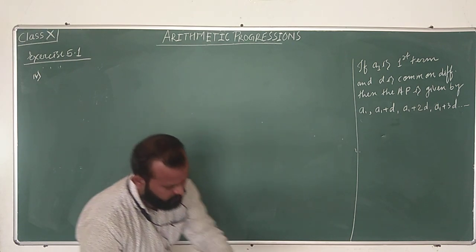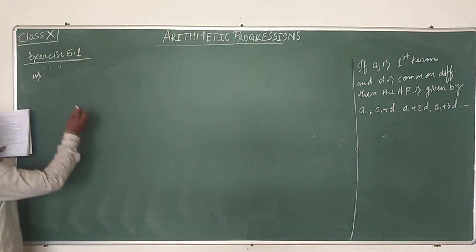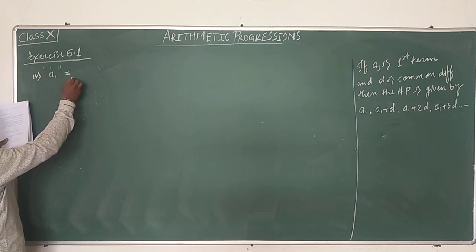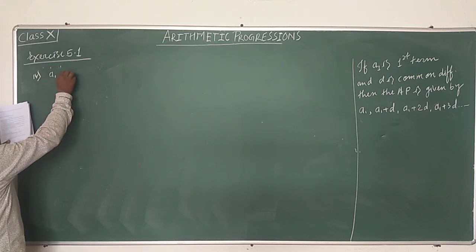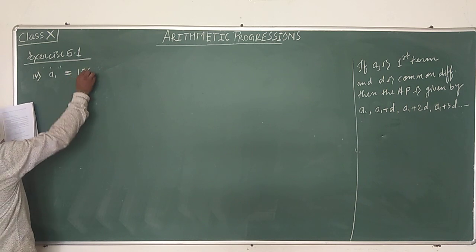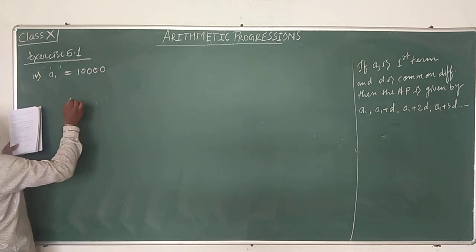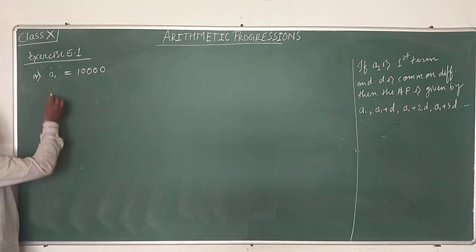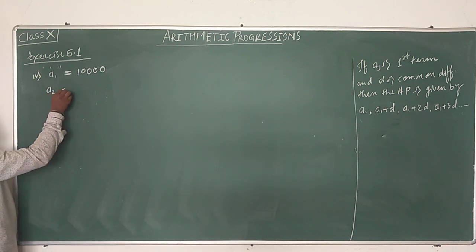सो पहले कितना बोला है? A1 is given to us. A1 is how much? I think 10,000, right? Yes, 10,000 is A1. Now A2 we will find. How to find A2?